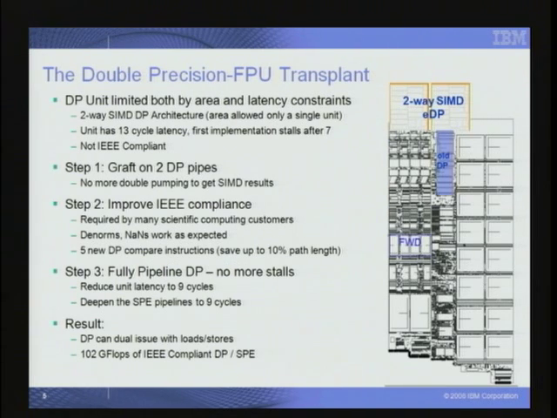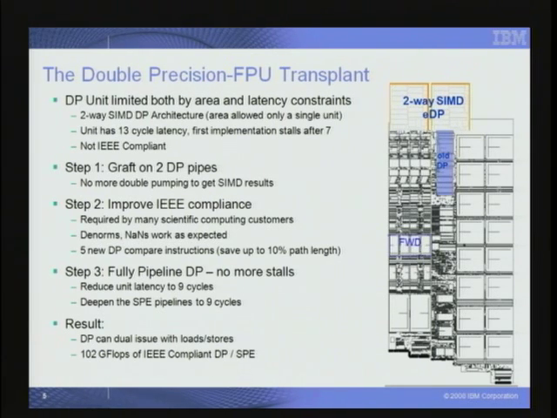So of course, the first thing to do is go see what you can do about double precision flop rate. And so we got out our surgery gloves and we cut out the old double precision unit. The interesting thing about the old double precision unit is we were severely constrained by power and area budgets when we were building it. The unit itself has a 13 cycle latency, which was too long for the control unit. We couldn't sequence instructions with pipelines that deep.